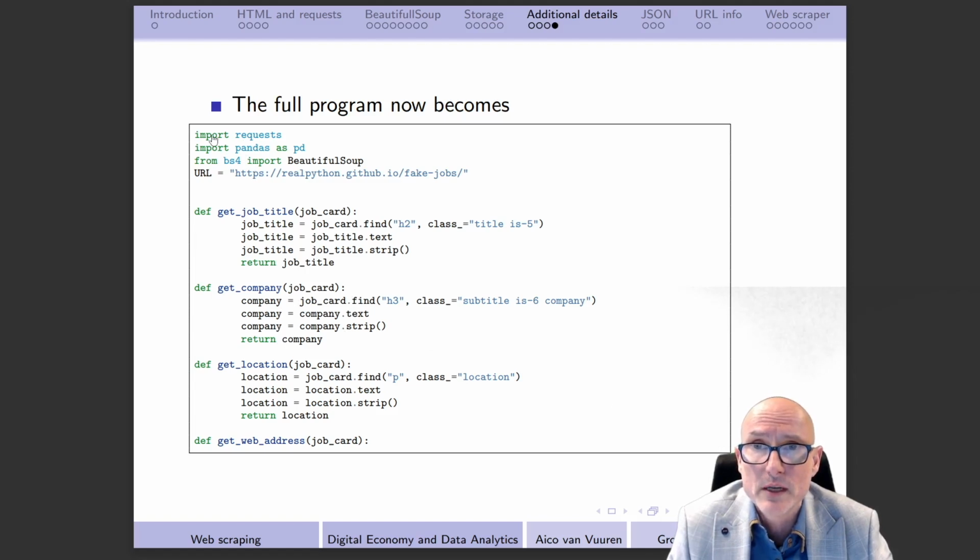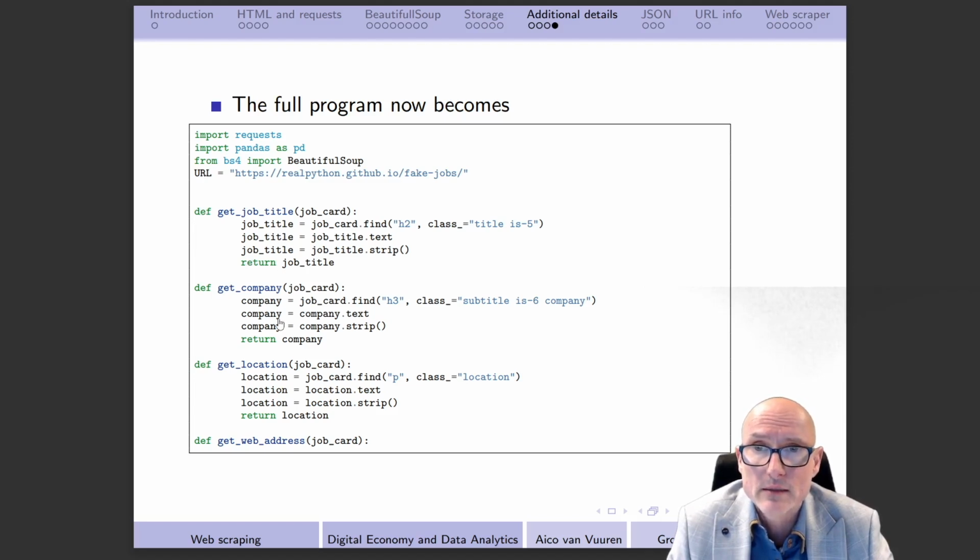It implies that now the full program is going to be as follows. The first thing that we need to do is to import a couple of different things. For example, first of all requests, then we need to import pandas, of course, because in the end we want to get a data frame. We are going to import beautiful soup, and we are going to have here a constant for the original URL that we were looking at that had all the different fake jobs.